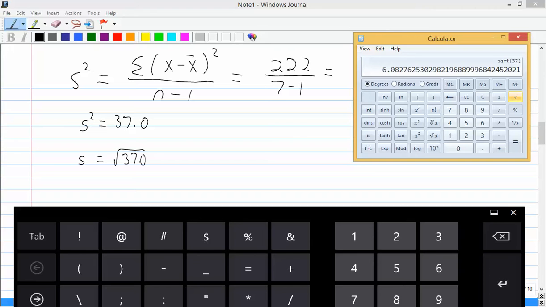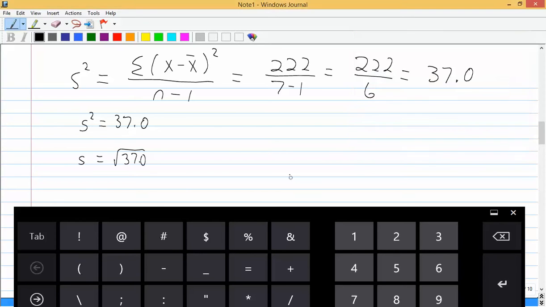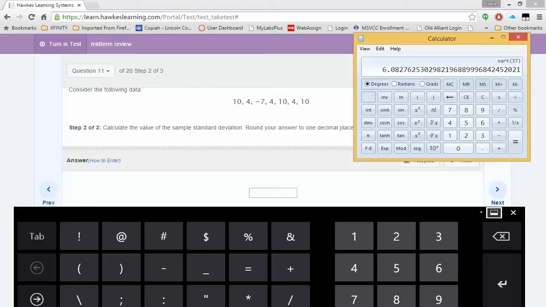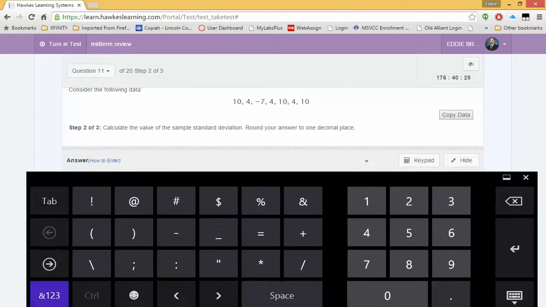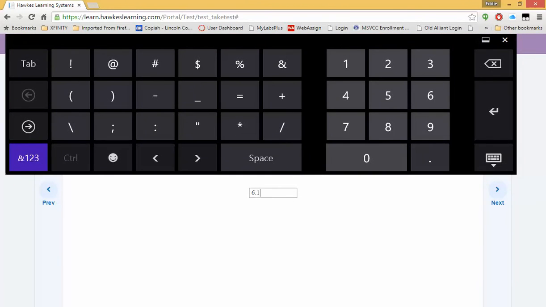We want to round that to one more decimal place than the original set of data. So that's going to be 6.1 for your sample standard deviation.